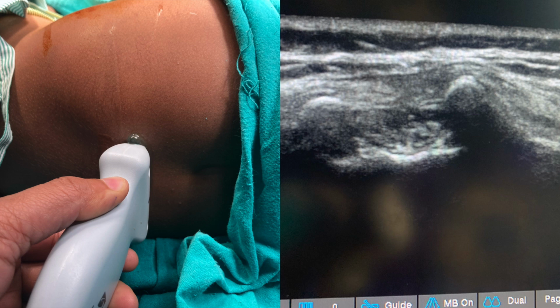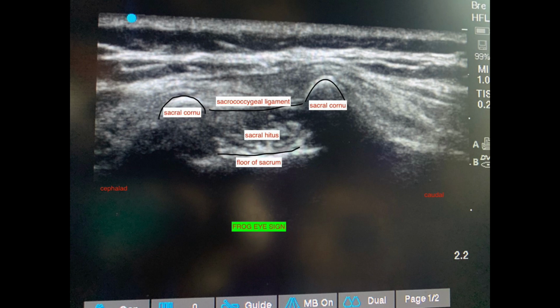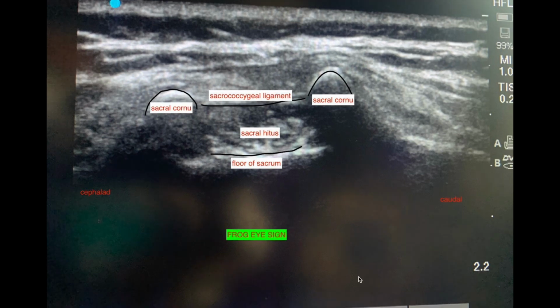When you place your high frequency linear probe at the level of the sacral hiatus in a short axis view, you will see a frog eye like structure. The frog eye represents the sacral cornu, and in between the sacral cornu you can see a hyperechoic line, that is the sacrococcygeal ligament.